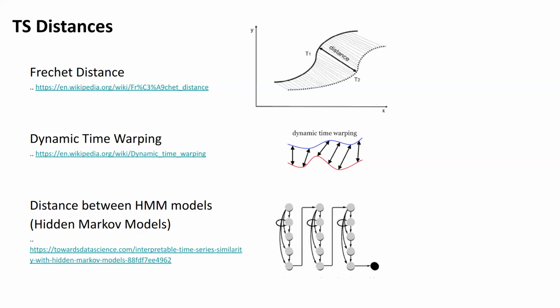Then you run the Markov model on the new time series, and if it matches, you'll have a good fit, so your error will be really small, and then you match the right class.